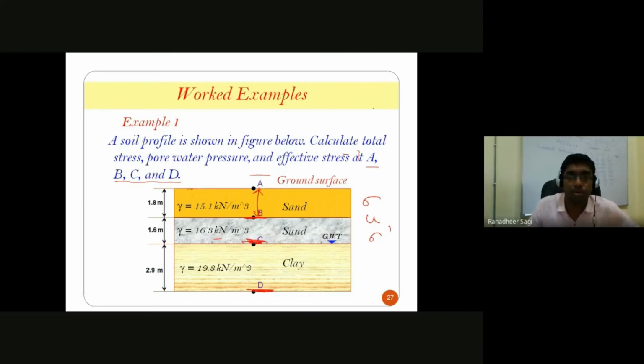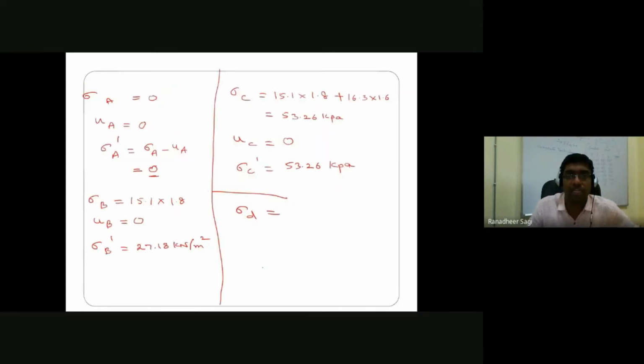Because of layer 1, the contribution is 15.1 into 1.8, plus because of layer 2, already we have seen how to calculate, 16.3 into 1.6. Next, plus because of layer 3, 19.8 into the corresponding depth, which is 2.9 meters, I think. So what will be the value that we will get?